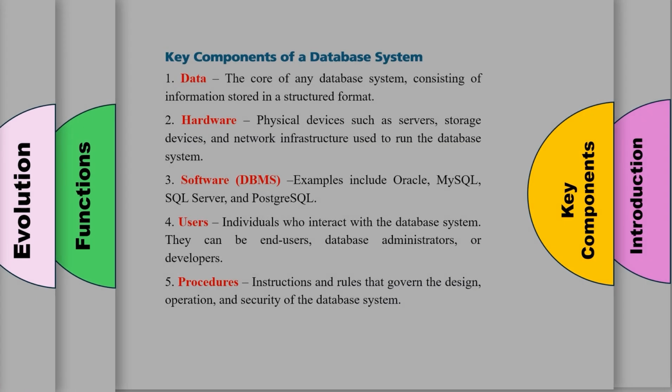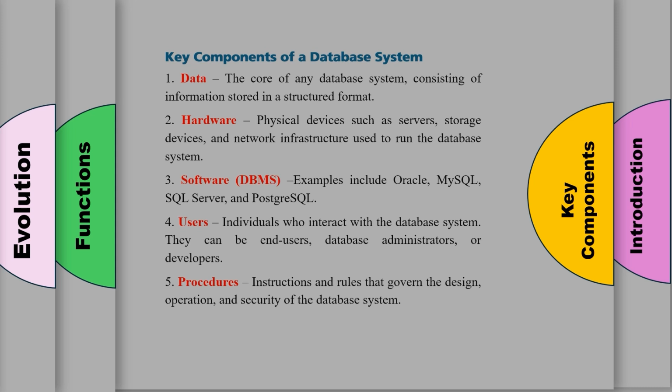The key components of a database system. For you to talk about database management systems, you need to consider these five components. The first one is data. When you talk about a database, you should have in mind the data that you will manipulate and manage.